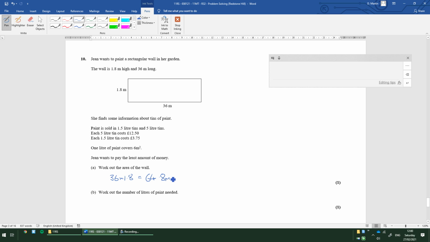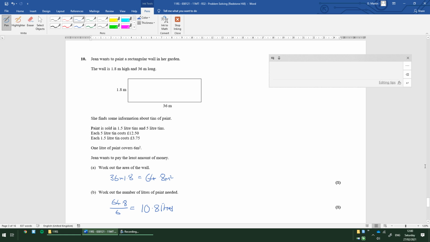We know 1 litre covers 6 meters squared. So to get the number of litres, we need to do 64.8 divided by 6, which tells us that we need 10.8 litres of paint. Now it says that paint is sold in 1.5 litre tins and in 5 litre tins.